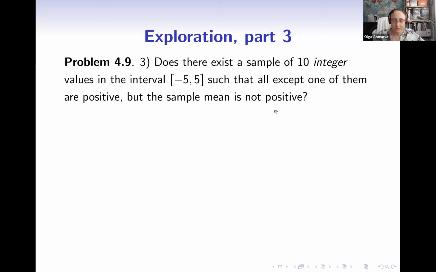Why is it good? We'll see in a moment. But can anyone find a sample of 10 integers? Tricky, isn't it? So we practically are trying to check different numbers. Yes, 0 is neither positive nor negative.